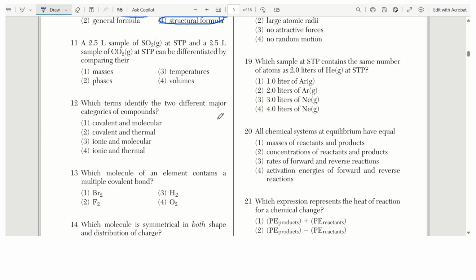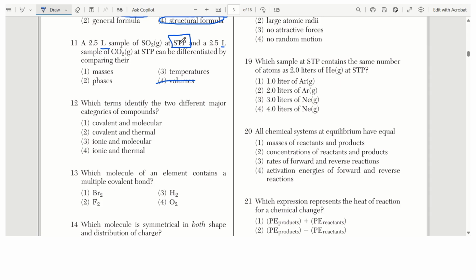Number 11, a 2.50 liter sample of SO2 gas at STP and a 2.5 liter sample of CO2 gas at STP can be differentiated by comparing their. Okay, well, let's see. Liters measures what? Volume. Well, they have the same volume.